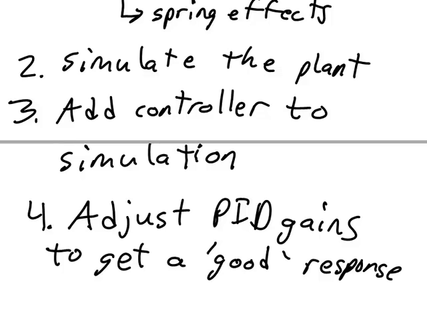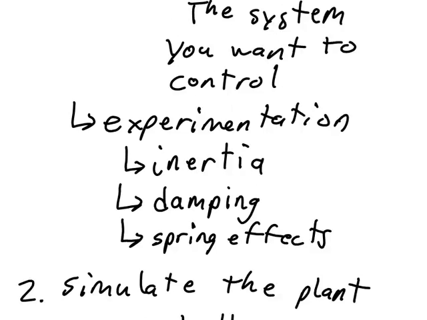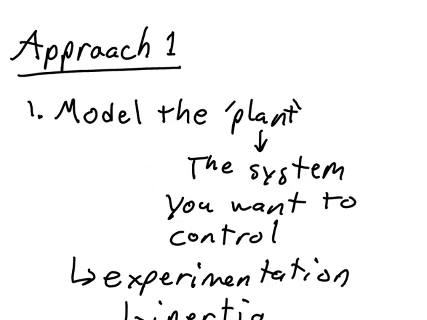This fourth step is actually very similar to the entire approach number two. So I will be going more into depth on what a good response is and how to get those gains for a good response in a moment. For now, this is the approach number one that involves using a model.